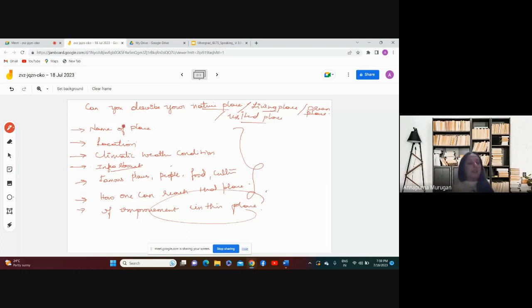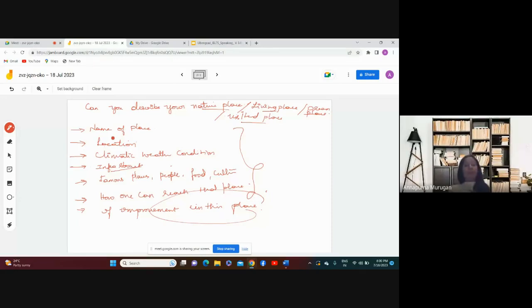See what you need to do whenever you get anything about the place. This is what we need to plan up. When you have these ideas, now when I ask you people, I know everyone will rock, isn't it? Why? Because you know all the ideas. Otherwise, if I had randomly asked, describe your native place, we would have stuck on to one thing only.